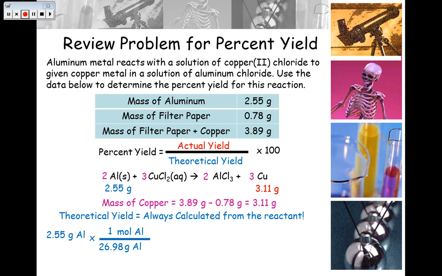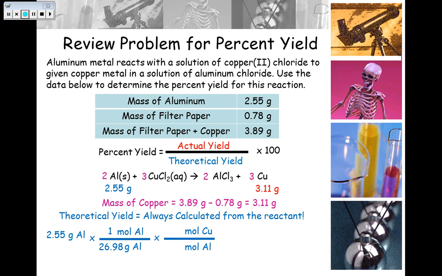I'm going to take that and convert it to moles of what, Jamar? What am I going to convert to? Yeah, so that, what you just said, is going to take me from moles of aluminum to moles of copper. So it ends up looking like this. Moles of aluminum at the bottom, moles of copper at the bottom. But since you're going from one reactant to another product, you have to use what?